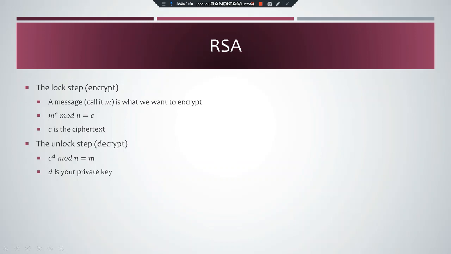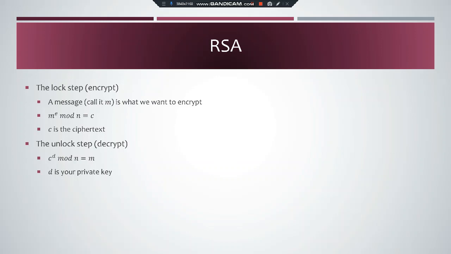So in taking a look at how this would actually work, after having calculated your e and your d, your public and your private keys, to encrypt something, call it the message M, we raise it to the public key, mod n, and we get our ciphertext.